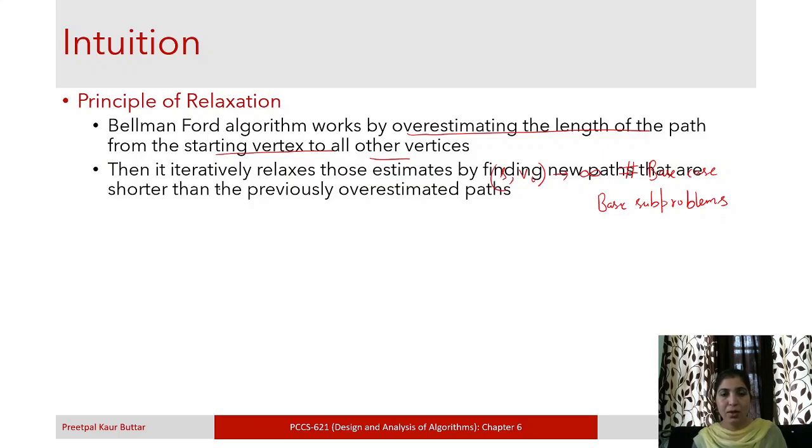Okay, so using these basic subproblems, it then iteratively relaxes those estimates. If the initial estimate is infinity, and it finds a new path which is shorter than this previously overestimated path, then it will update it. Suppose it finds a better path of 10, then it will be changed, and this is done iteratively.